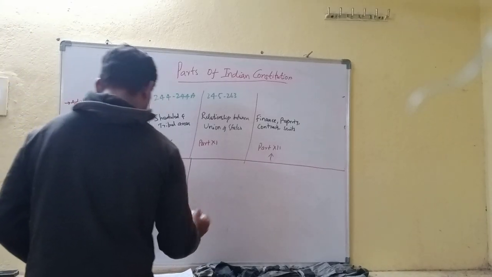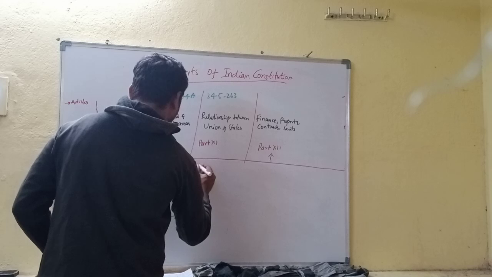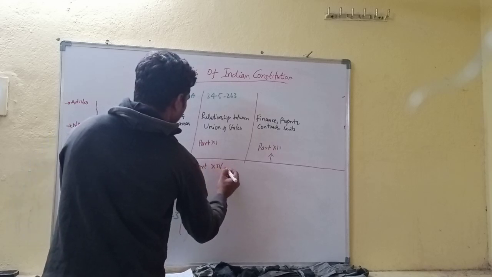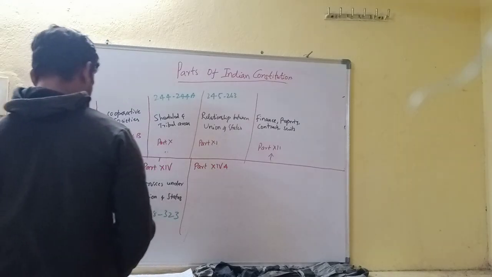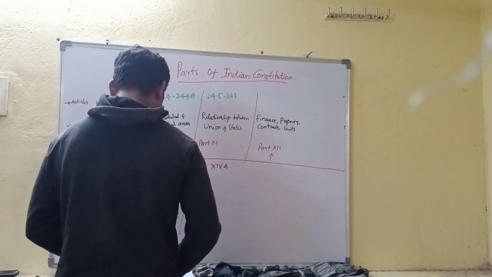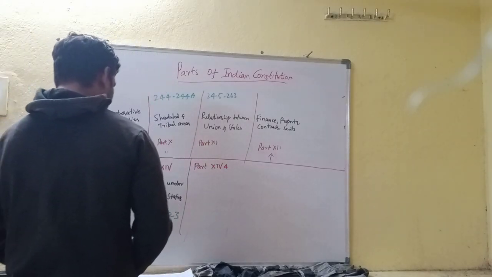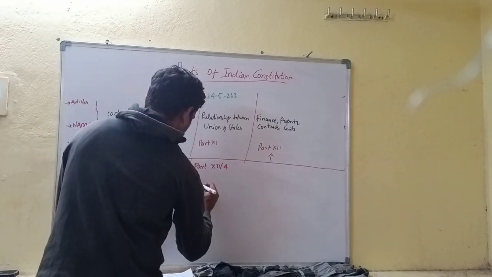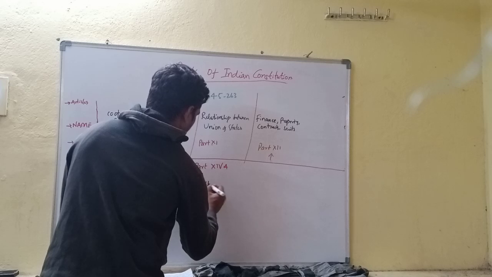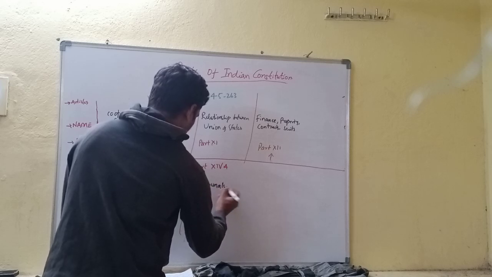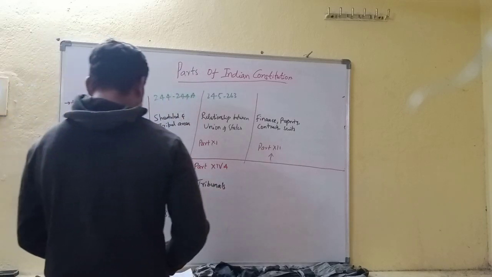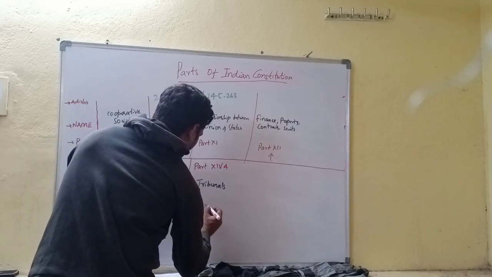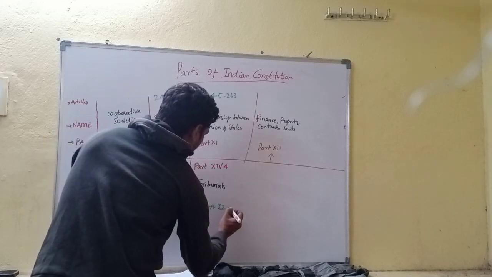Next part, 14A. It tells about tribunals. Articles 323A to 323B.